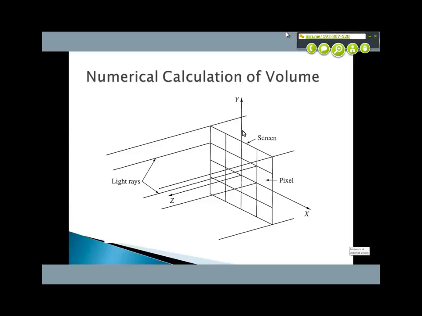So Kevin, if we do that process using the pixels on the screen and firing rays off through them, would it have any effect on how close I was zoomed into the model or how far away I was from the model? Does that question make sense?